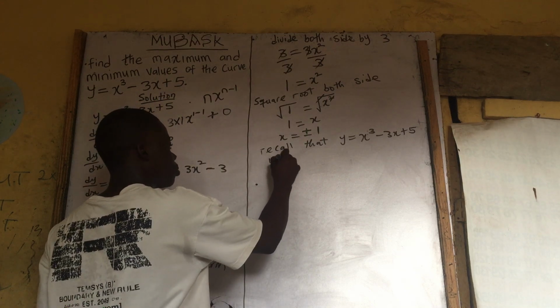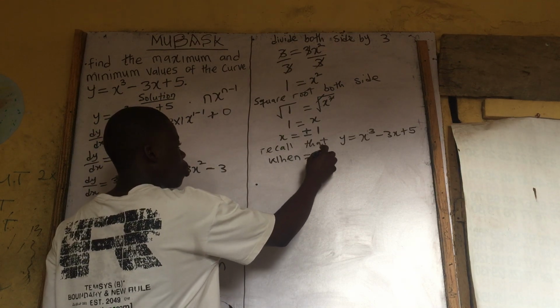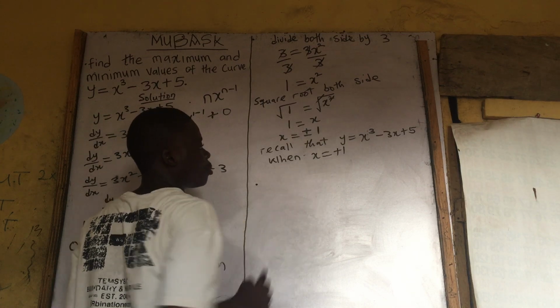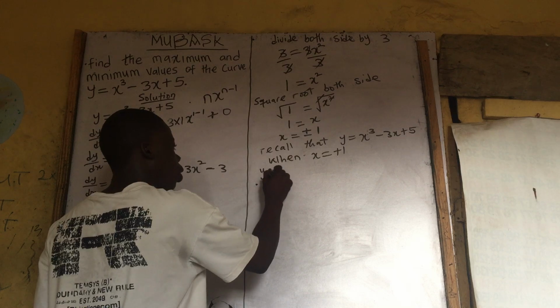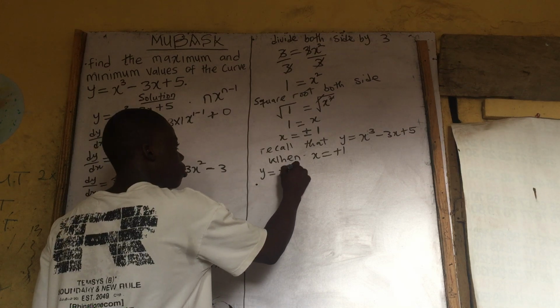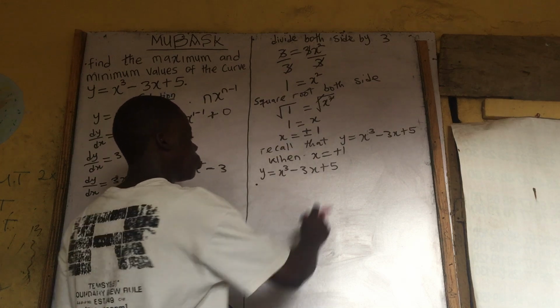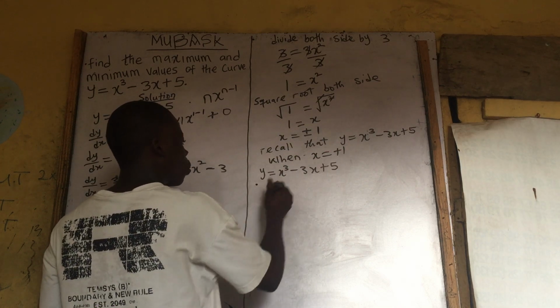So when x equals plus 1, y equals 1 cubed minus 3 times 1 plus 5.